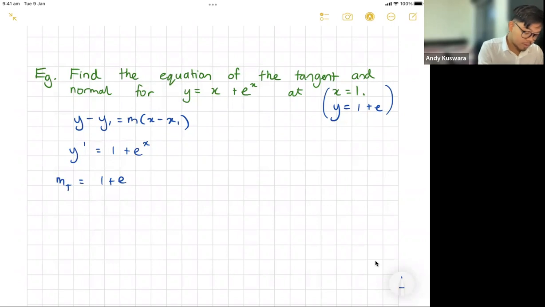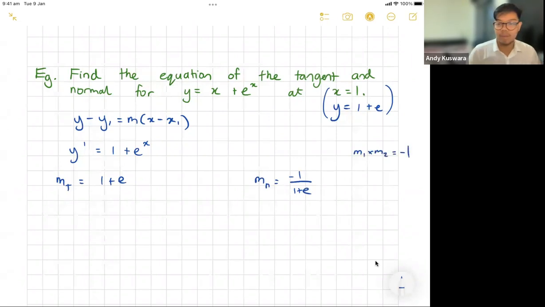And so the gradient of my normal while I'm here is going to be -1 on 1 plus e. The reason I know that is if I multiply them together, I should get -1. So I'm thinking negative reciprocal to find my gradient of my normal so that they're perpendicular, right? Because m1 times m2 should give me -1. That there's the rule for perpendicular, right? So the normal tangent, in other words.